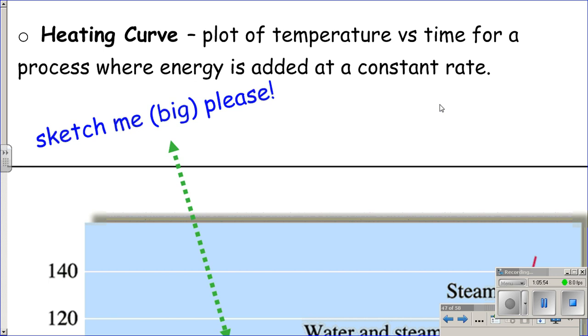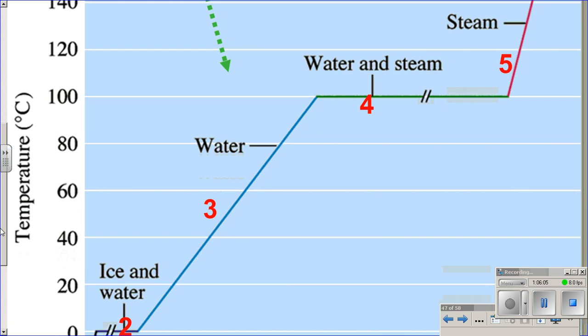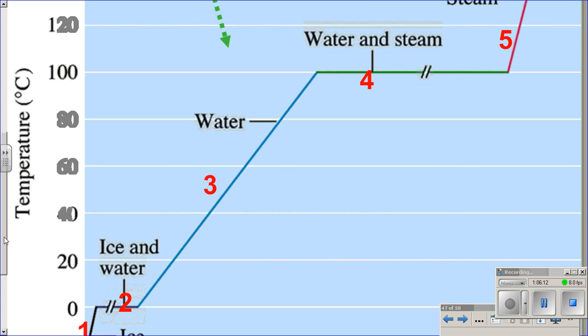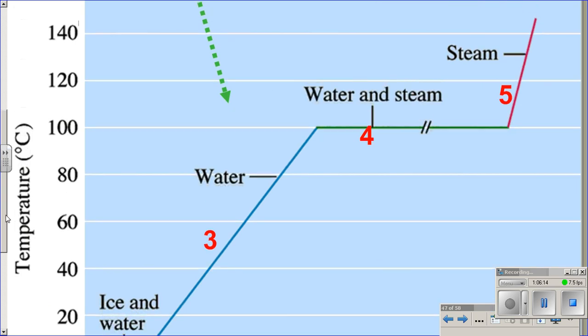Can I go past this? Okay. Alright, so I just skipped ahead a little bit because I had some little stuff, I can do that tomorrow. So a heat curve looks like this. Ice. Water. Water and steam. Steam.